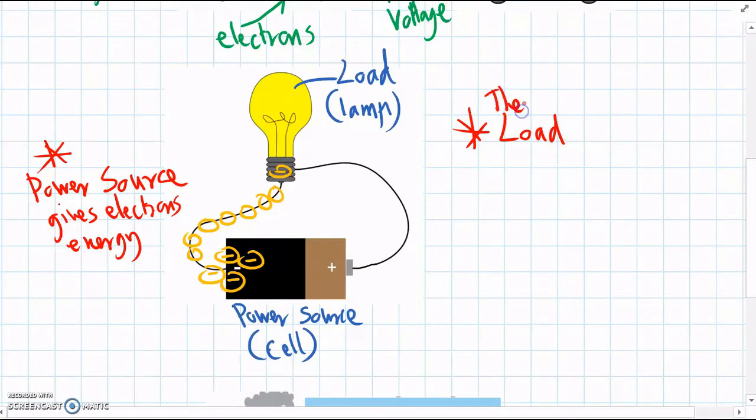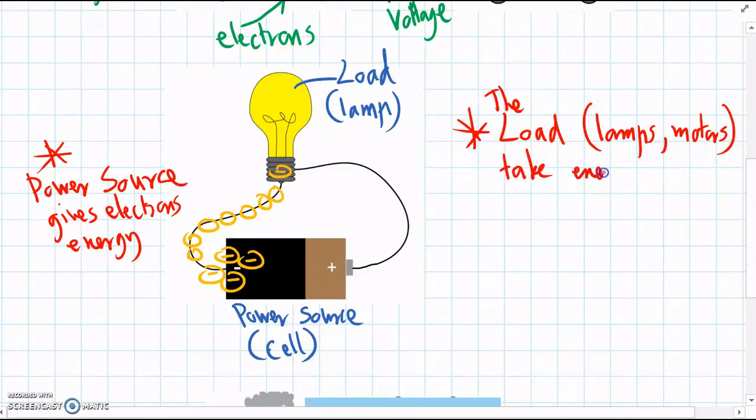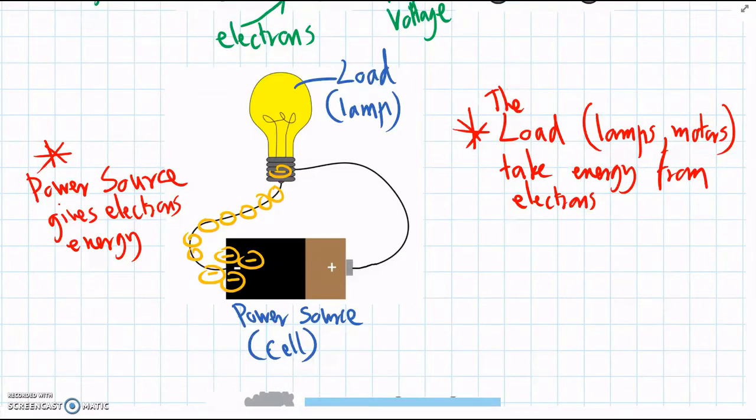So the load, which are lamps and motors and other things that use electricity, they take the energy from the electrons and convert it to something else.